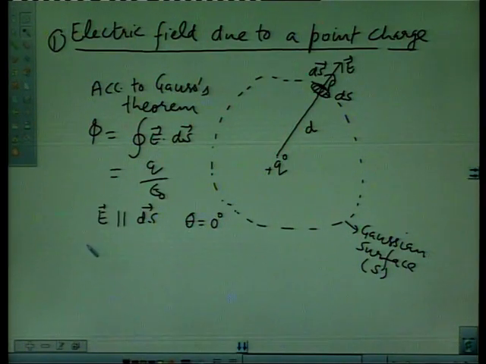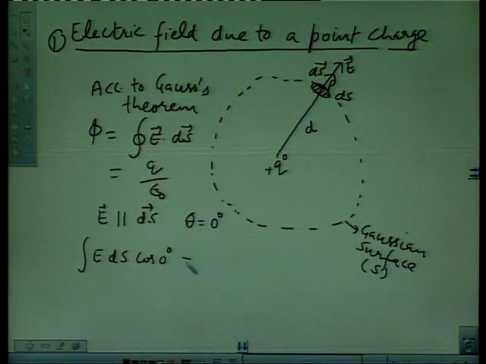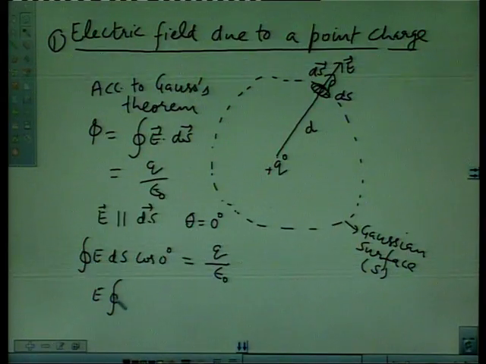So, we can write integral of E ds cos 0 degree is equal to q upon epsilon naught. This is the integral over the closed Gaussian surface S. So, E is constant, it can be taken outside the integration sign.